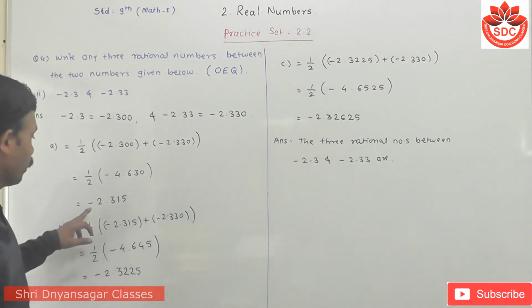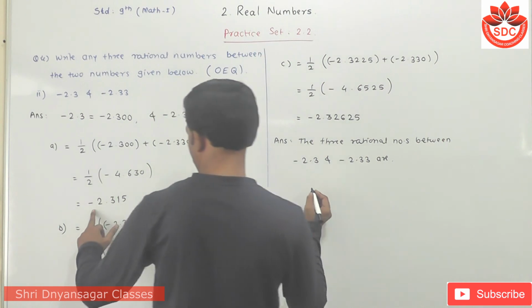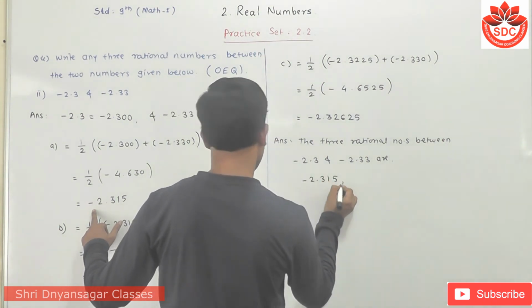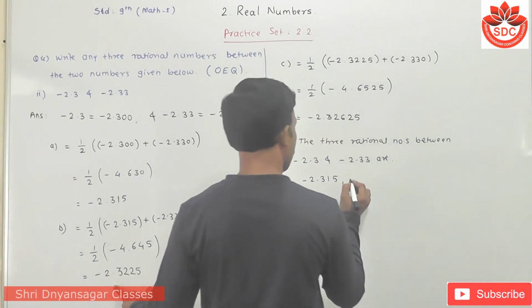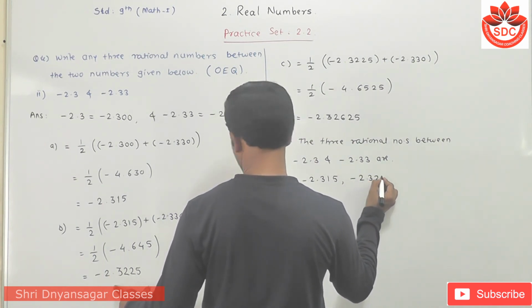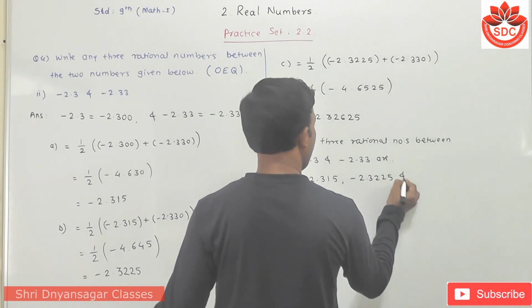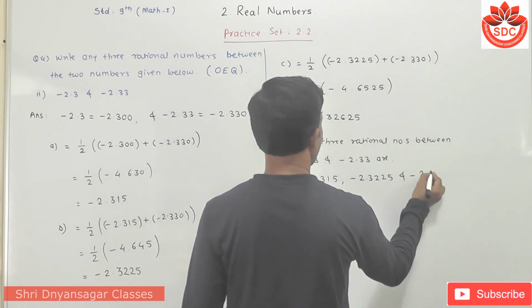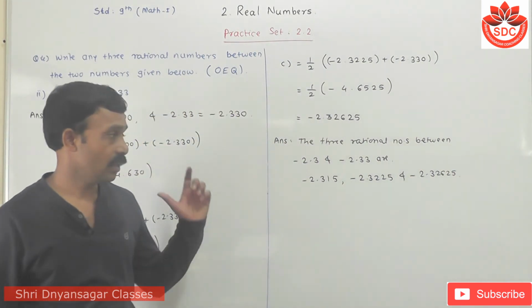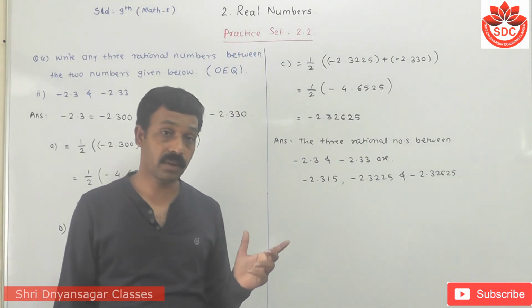Student, first I take one, this one is minus 2.315, then this minus 2.33225 and the last one is minus 2.32625. Student, all these questions are open-ended questions.